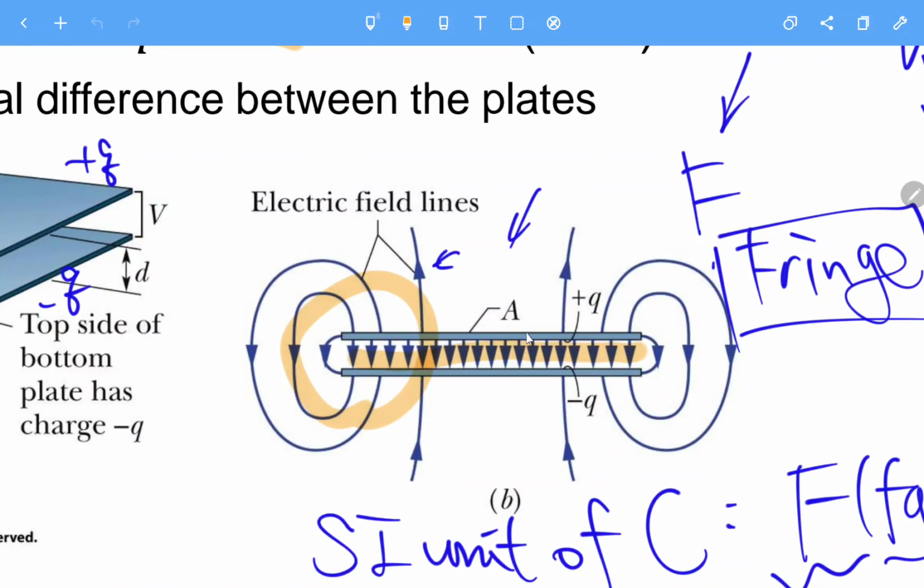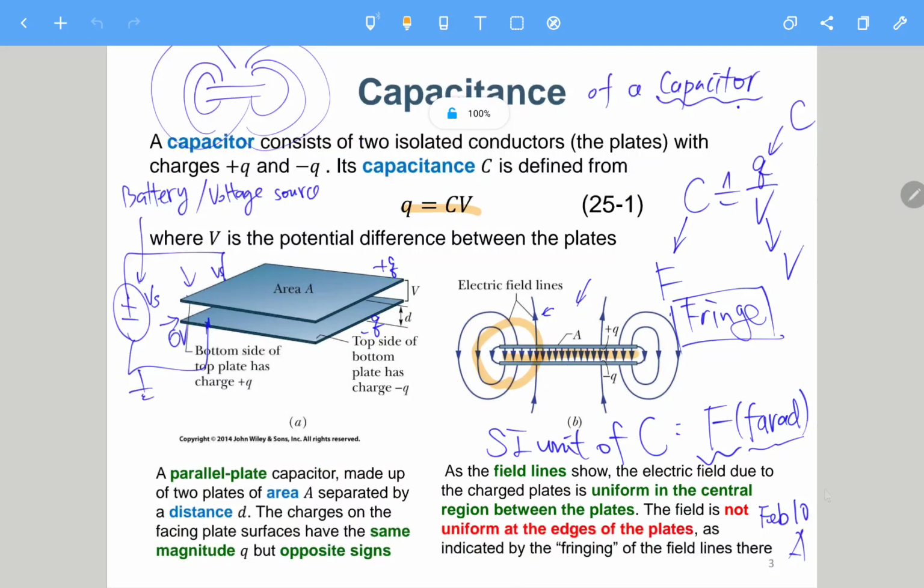Within the plates, the E field is uniform, and close to the edge, the E field becomes weaker, and even outside there will be some small E field. But as an approximation in an engineering sense, we just assume that the E field between the capacitor plates is uniform, and the E field is 0 outside the capacitor.